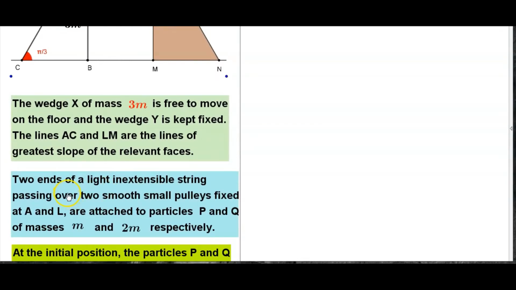Two ends of a light inextensible string passing over two smooth small pulleys fixed at A and L are attached to particles P and Q of mass m and 2m respectively.